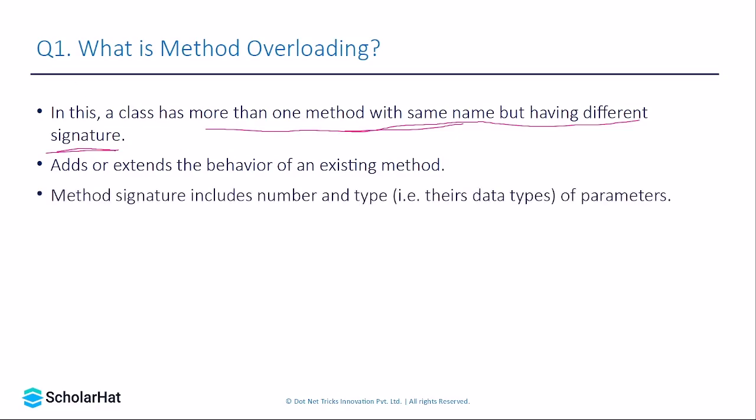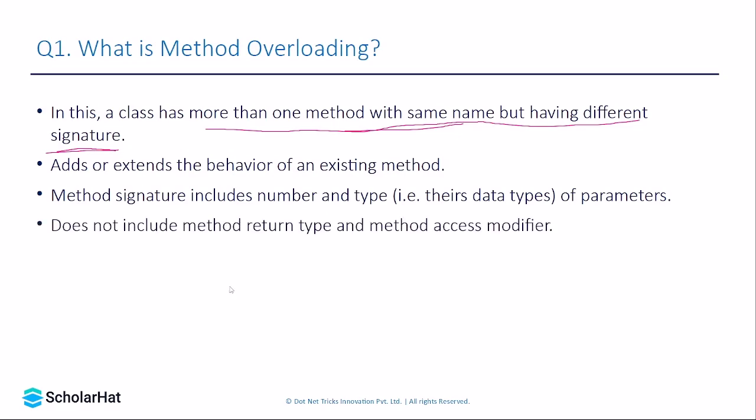A method signature includes the number and type of the parameters, that is their data type, and it does not include the method return type and method access modifier. So method overloading only checks the number of parameters passed and the name of the method.